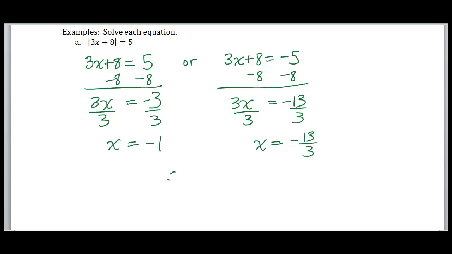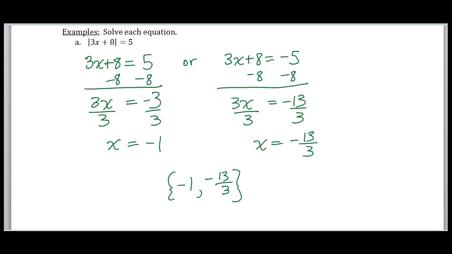All right, and so my two possible solutions, now I can write them in a solution set like that, okay? And then, again, you can always check your solutions by plugging your values into your original equation for x and ensuring that you get a true statement still, okay?